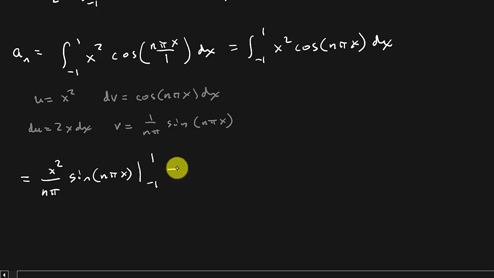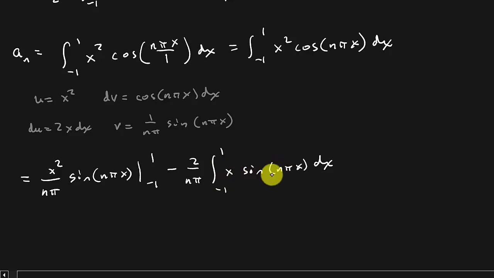Okay? Minus 2 over n pi, the integral from -1 to 1 of x times sine n pi x dx.